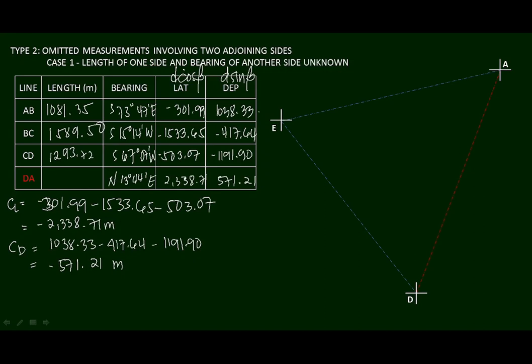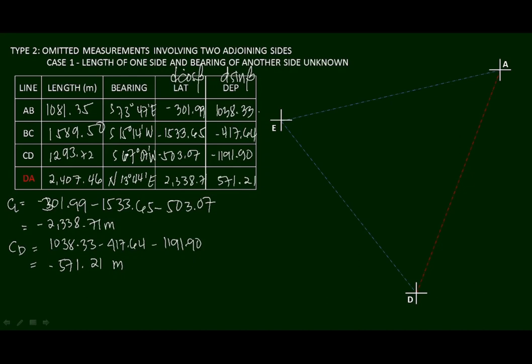As for the length, square root of departure squared plus latitude squared, and on my calculator, the length of line DA is 2,407.46. Okay. So again, verify my answers using your calculators.